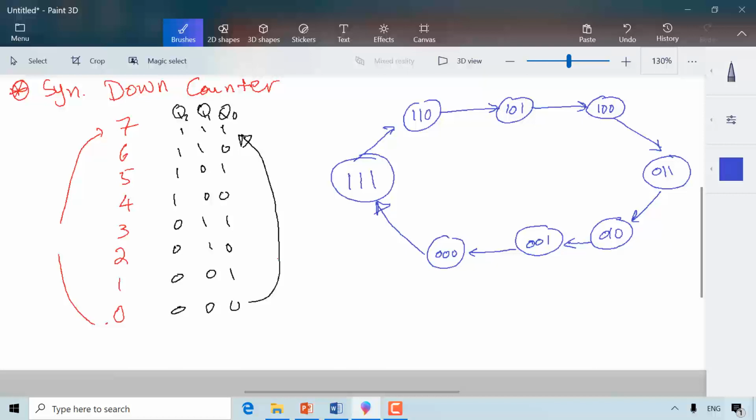Then I can go through the same process. We have present state, next state, and the inputs of the flip-flops. I construct the state table and continue the design process, similar to the previous example.